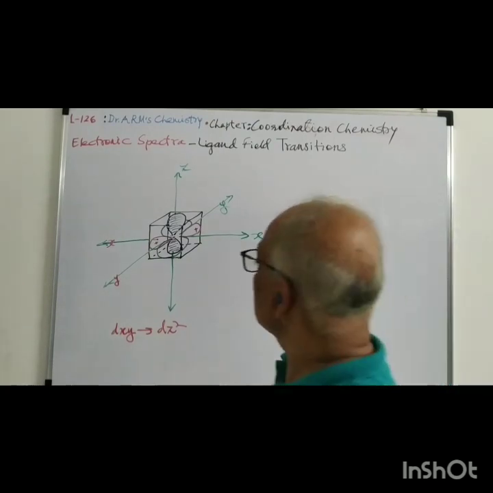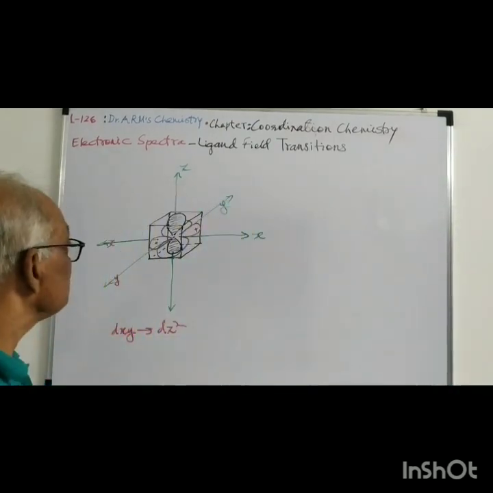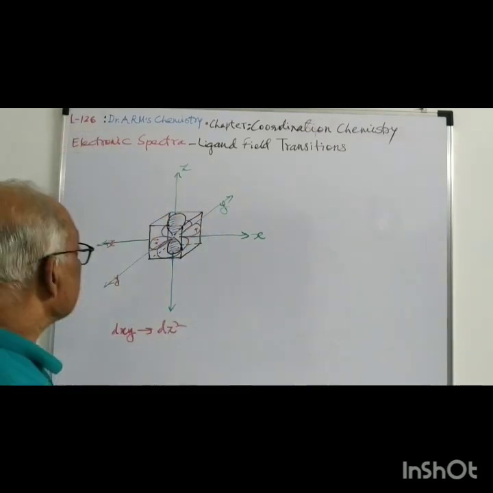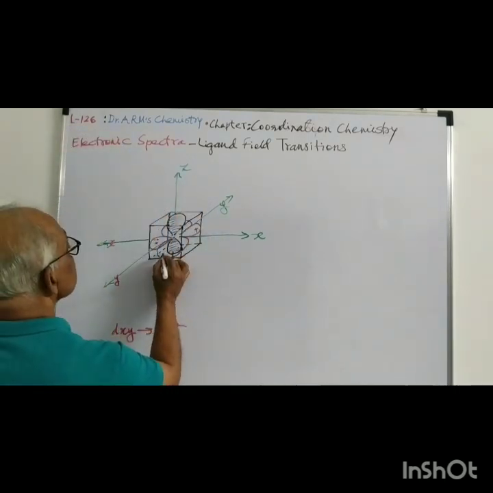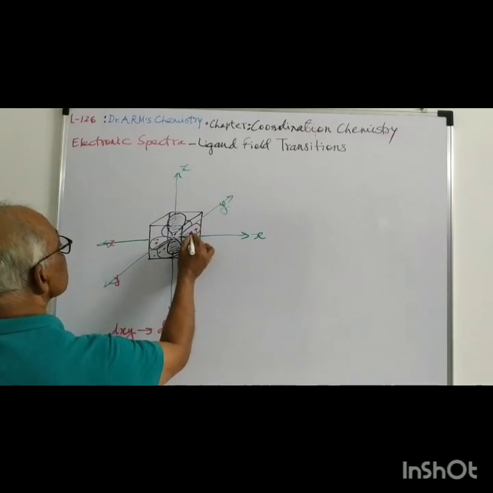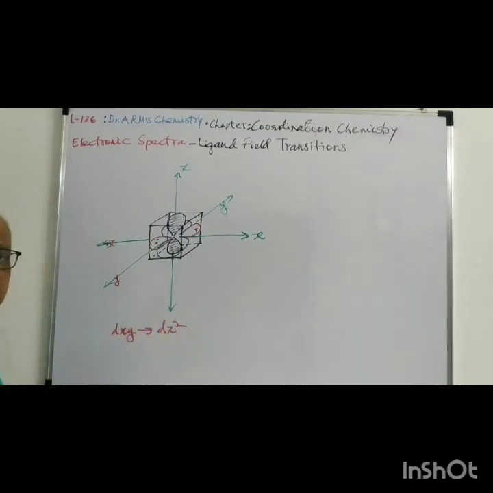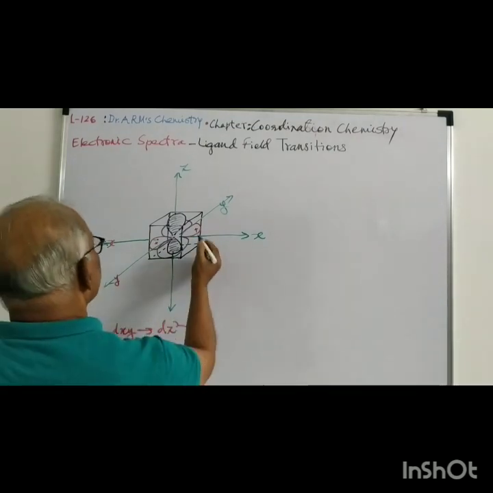Now if we see, we have to see that these electrons, say if we take this dxy, electrons are present either in these or in these, or these are the lobes of the dxy orbital.